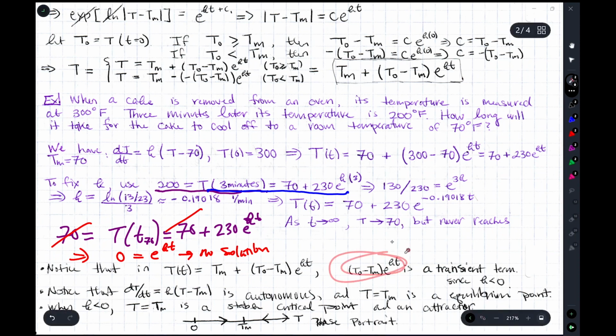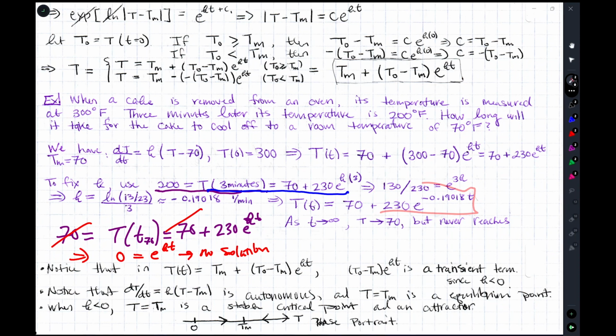This here is a transient term, which you could see here. Why? Because as t goes to infinity, this goes to 0. Never hits 0, but goes towards there. And for our purposes, you could say that after about t equals, say 4K, it's as close to 70 as we would care.